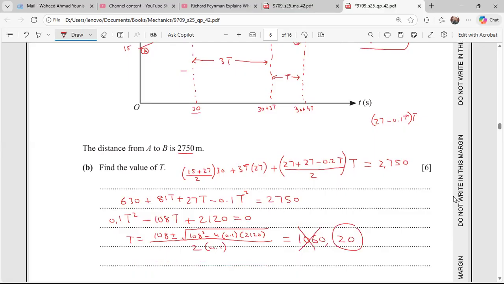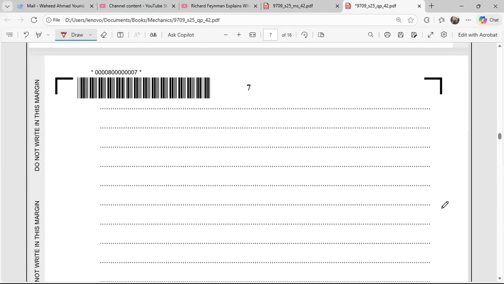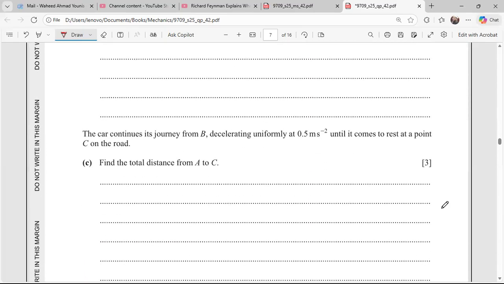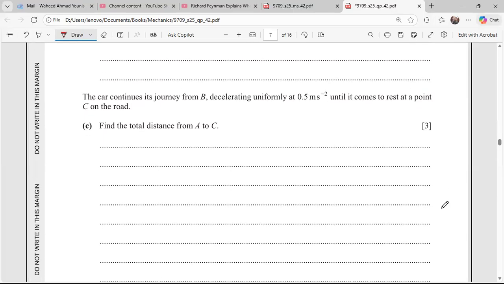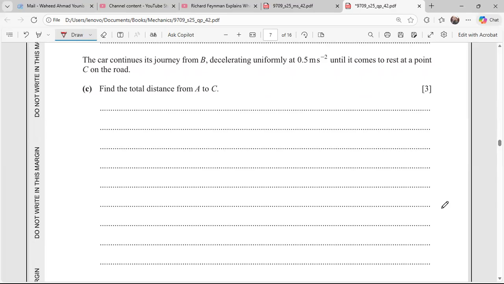Okay, so what is the next problem here? The next part of this problem is that the car continues its journey from B, decelerating uniformly at 0.5 meter per second squared until it comes to rest. So basically, what speed-time curve do we have? Oh my goodness, it's difficult to make a straight line. Okay, so let's say this was the time axis, this is the speed axis.